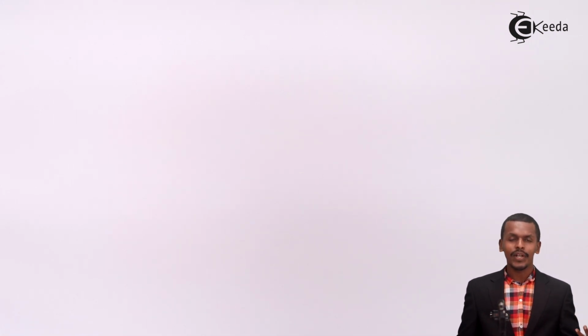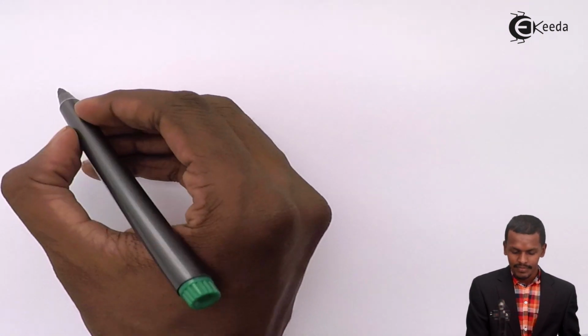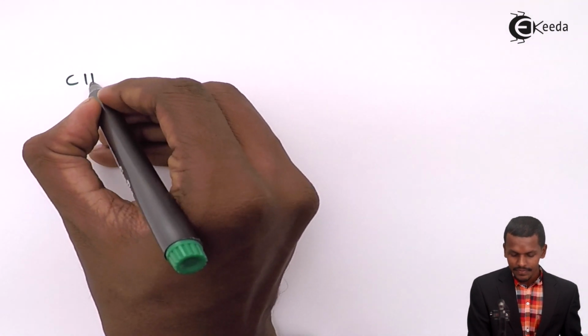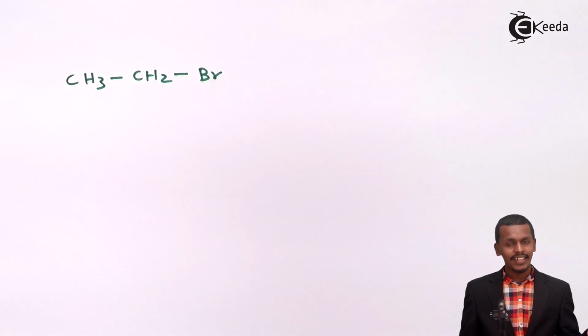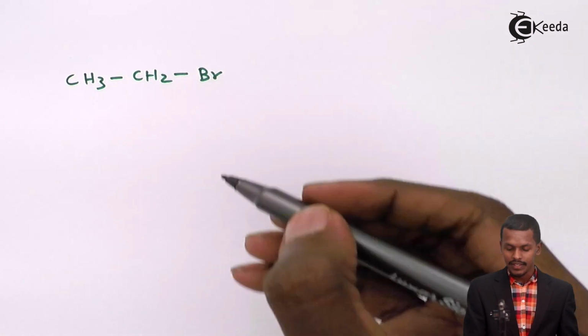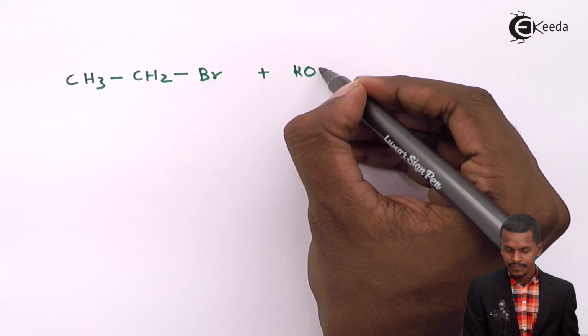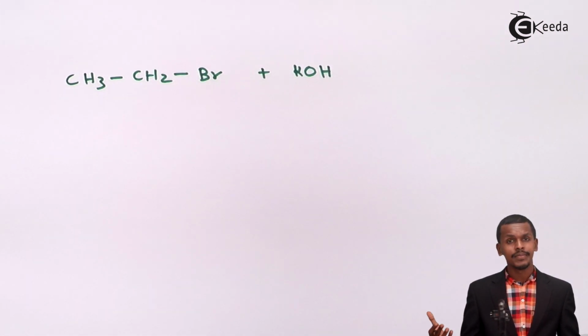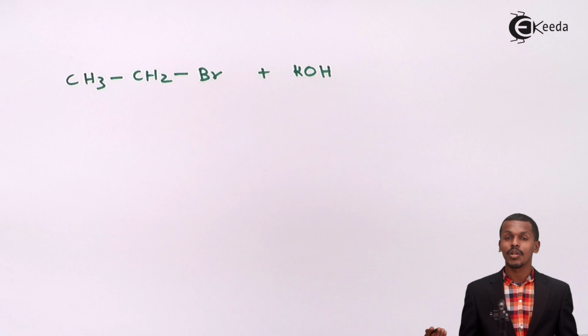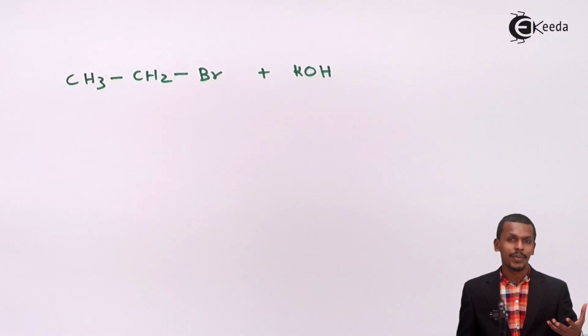Suppose we are talking about an elimination reaction like this one. Suppose this is the reactant that we have, and we are reacting it with potassium hydroxide. The total number of products obtained would be more than 2, because the total number of reactants is 2, but the products would be 3.